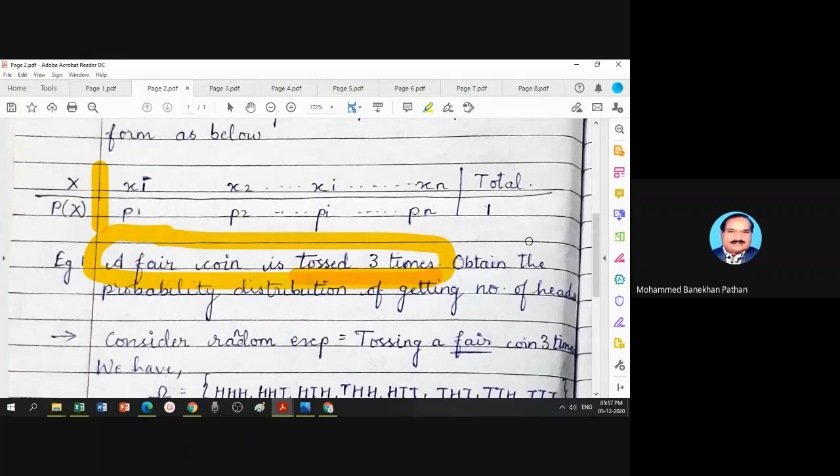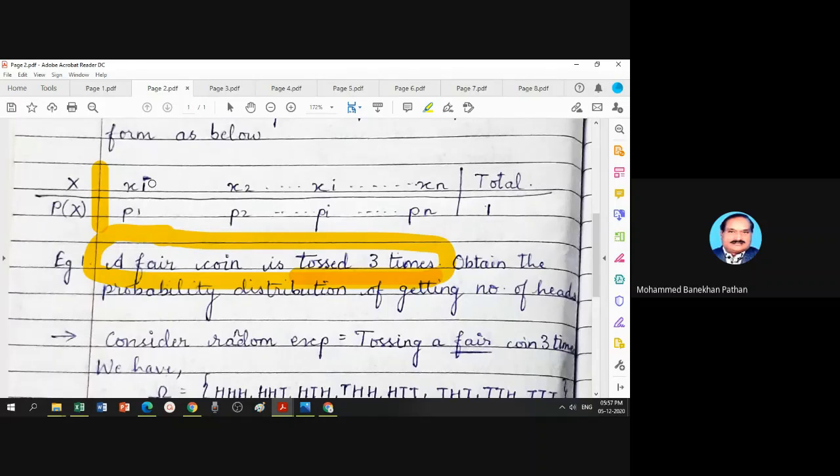After having a discrete random variable and probability mass function, I prepare a table. So I put values of the variable and values of the probability mass function in a table form. That table is called a probability distribution.